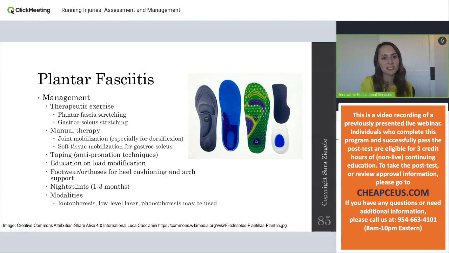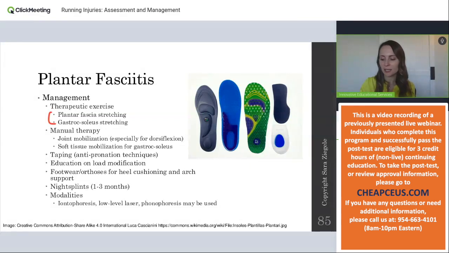Management strategies at this time, really the best supported for plantar fasciitis is stretching of the plantar fascia and the gastroc-soleus complex. Manual therapy can provide some benefit if we're looking at joint mobilization for the ankle, specifically into dorsiflexion, or doing soft tissue work for the gastroc-soleus.